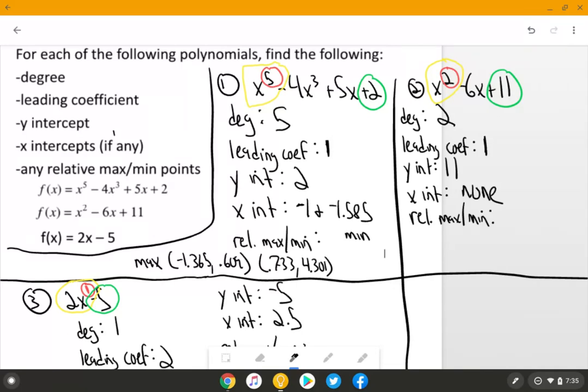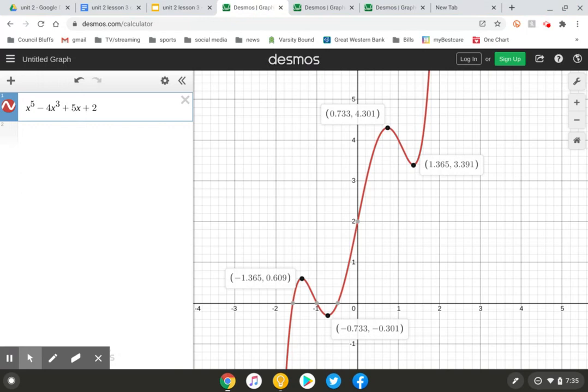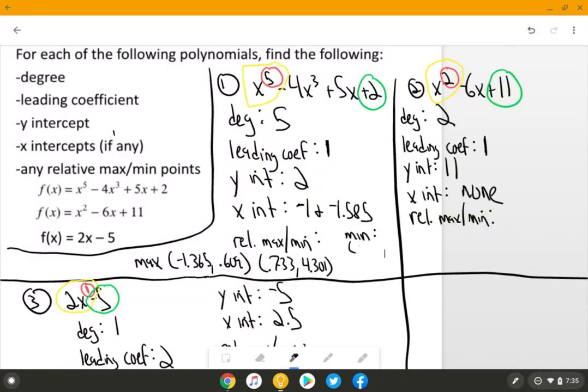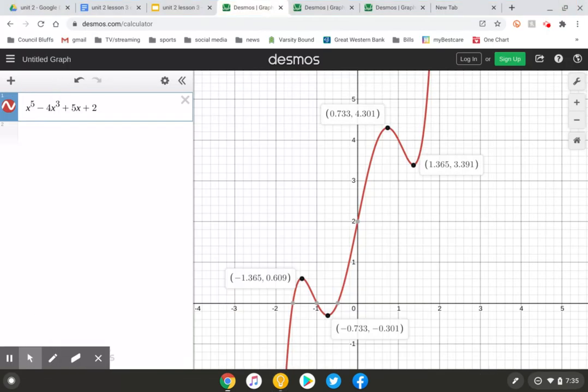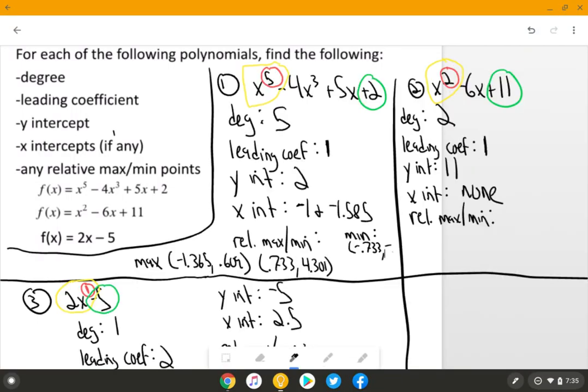Minimum points, there's one down here, -0.733 and -0.301.